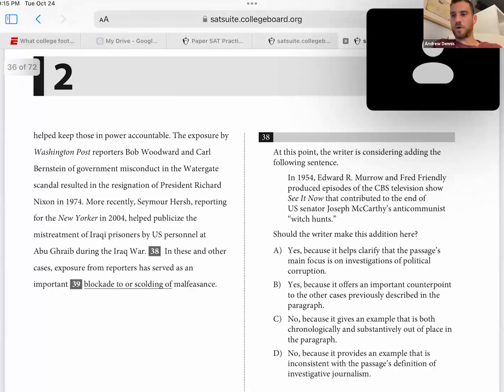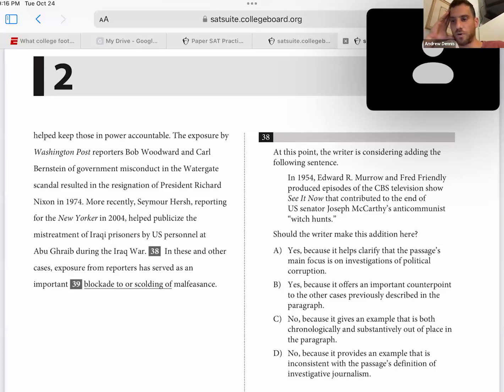Okay, at this point, the writer is considering adding the following sentence: "In 1954, Edward R. Murrow and Fred Friendly produced episodes of the CBS television show See It Now that contributed to the end of U.S. Senator Joseph McCarthy's anti-communist witch hunts." Seems out of place, right? Yes, because it helps clarify that the passage's main focus is on investigations of political corruption.